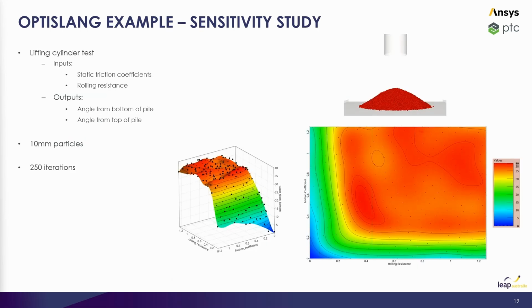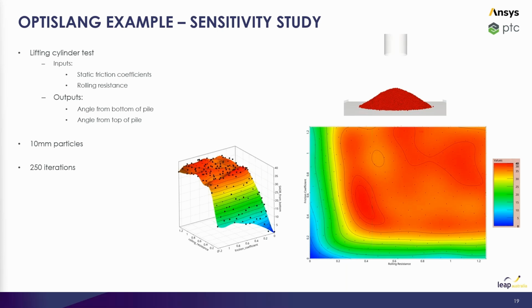So let's take a look at this example integration where I've just taken the same basic project, the lifting cylinder test, static angle of repose test, but this time, rather than just varying the rolling resistance, I've also considered the particle-to-particle static friction coefficient, and I've run a sensitivity analysis so that I can understand how the angle of repose will vary against the changes in these two particular coefficients.